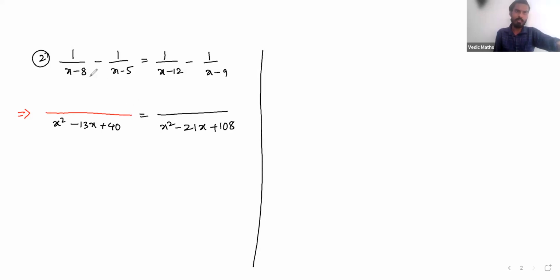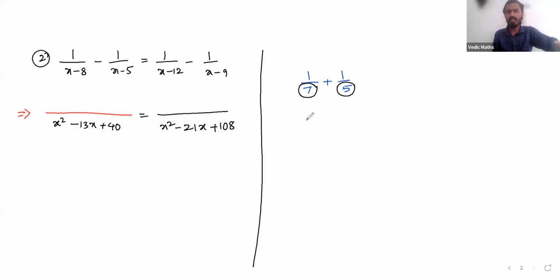See here, x minus 8 and x minus 5 are different, actually. In the LCM chapter we discussed that when we have co-prime numbers in the denominator, co-prime means their common factor should be one only.